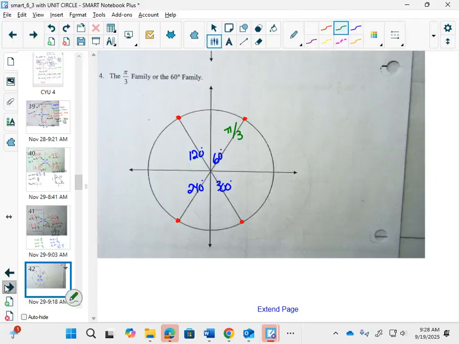All right. How did you do in your radians? 2 pi over 3, 4 pi over 3, and 5 pi over 3.